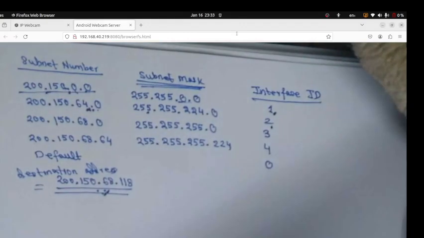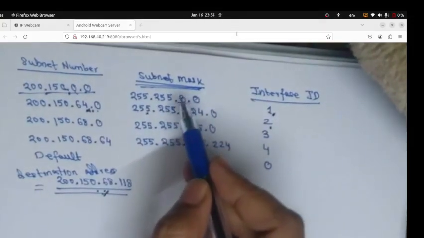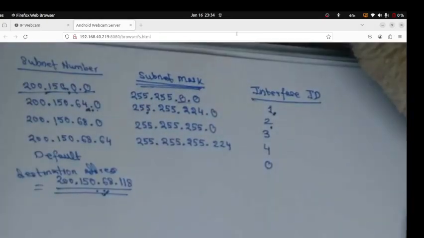Now, we know the pattern of the mask. The subnet mask is also a 32-bit pattern, but the pattern is somewhat different. There will be some consecutive ones in the leftmost part, and after that all will be consecutive zeros. Why this kind of pattern?